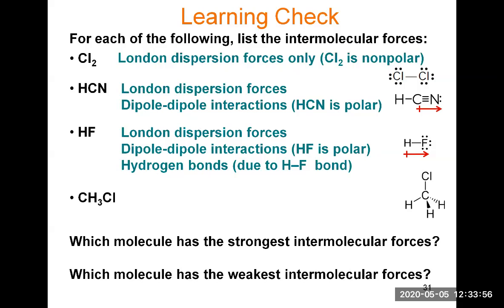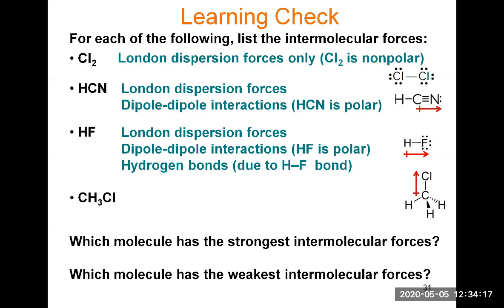So it's a polar molecule with a dipole that is the same as the dipole for the bond. The CCl bond is polar towards the chlorine, because chlorine has the highest electronegativity value. So we have a polar bond here.